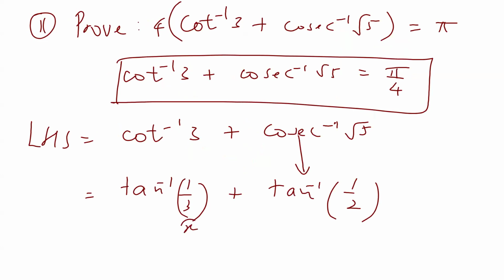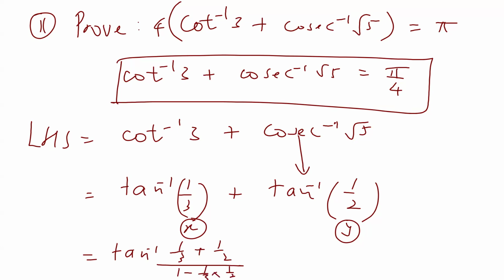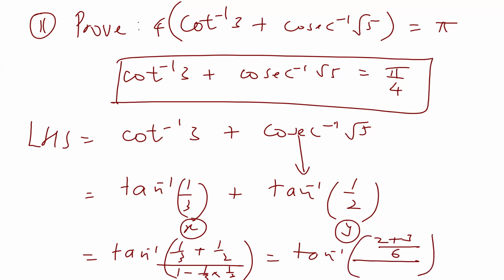So now this is x and this is y. This will give me tan inverse of 1 by 3 plus half upon 1 minus 1 by 3 into half. So that is tan inverse of 2 plus 3 upon 6, upon 6 minus 1 upon 6, that is 5 upon 6.